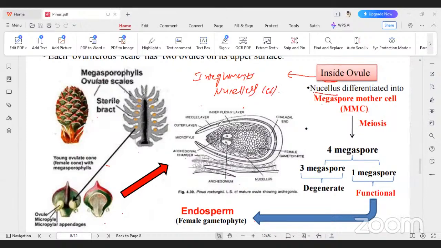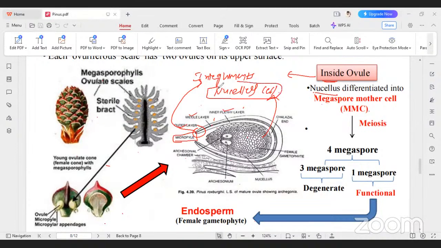This outer portion is the integument, and inside are the nucellar cells. The integument has three regions: outer layer, middle layer, and inner layer. The opening of the ovule is called the micropyle, and the rest are nucellar cells.